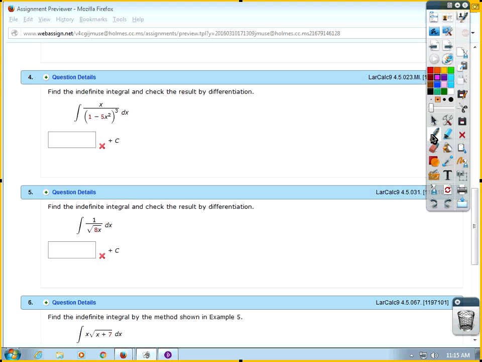All right, so our next problem, we have the integral of x over (1 minus 5x squared) cubed dx. We're going to let our inside function, or our u, be 1 minus 5x squared. So our du is negative 10x dx.